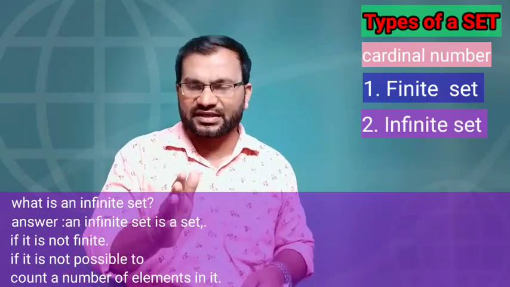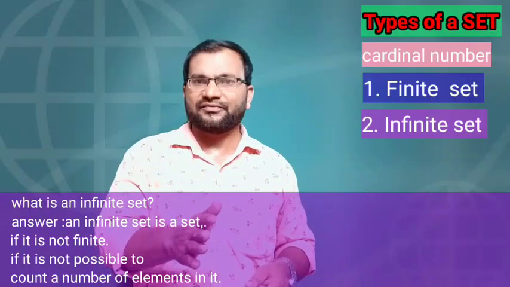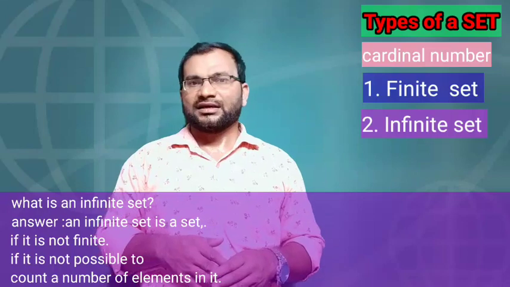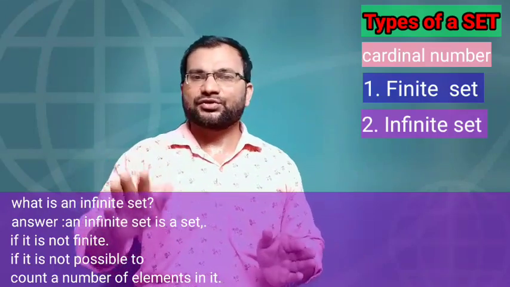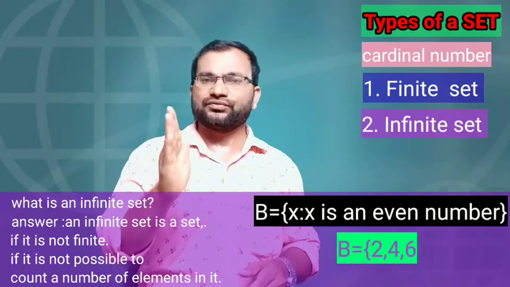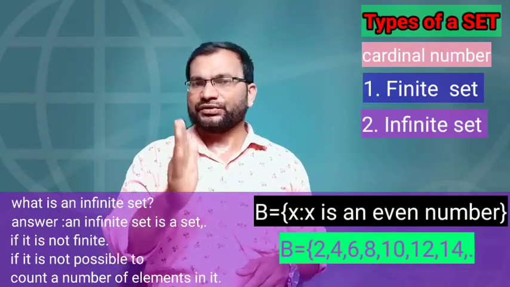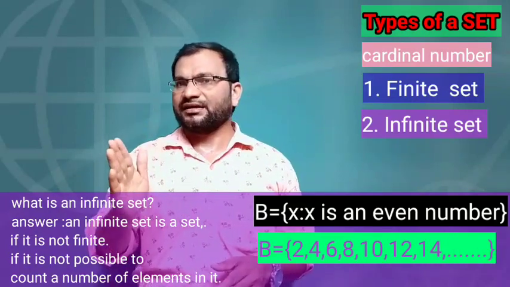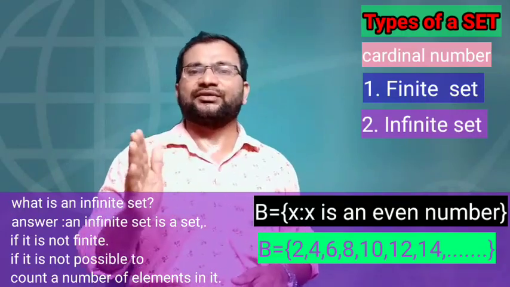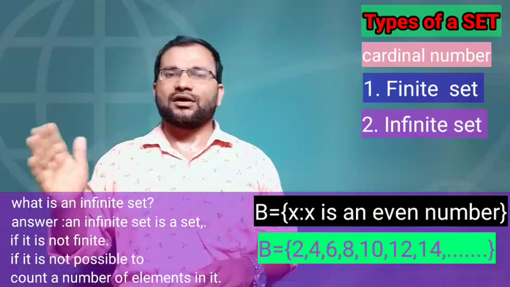For example, again I take set B = {x such that x is an even number}. Here I mention only an even number. There is no condition given. So my set contains B = {2, 4, 6, 8, 10, 12, 14, 16, 18, 20, 22, 24, 26, and so on}.